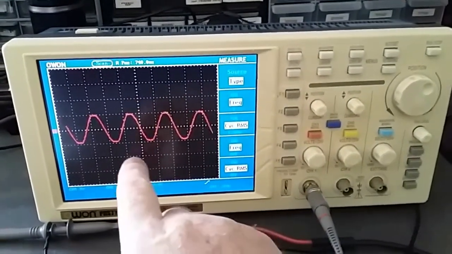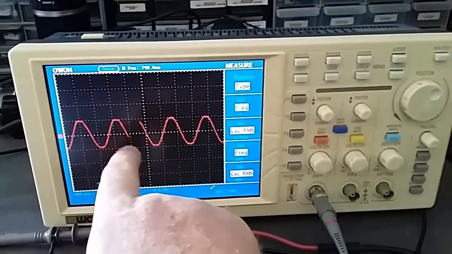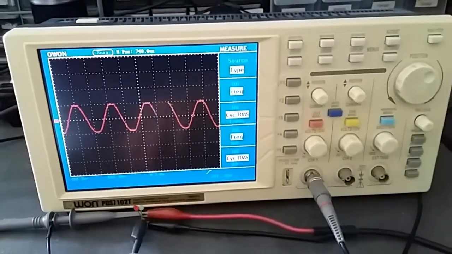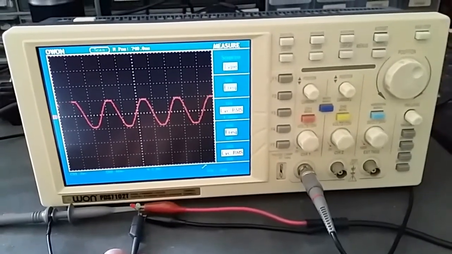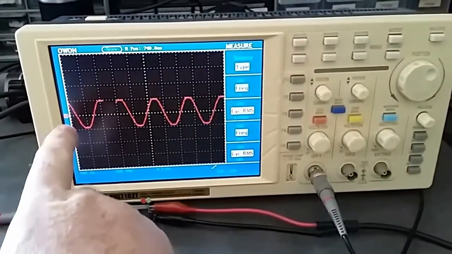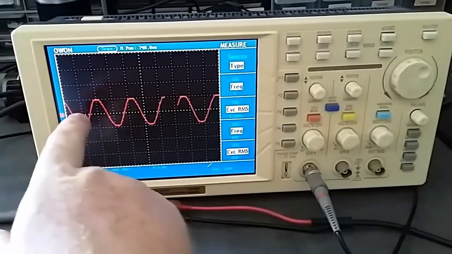So you've got a peak, peak, peak, peak, and each one of those peaks coincides with the LED flashing.